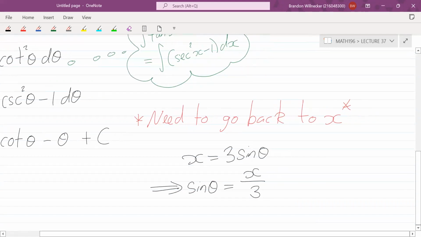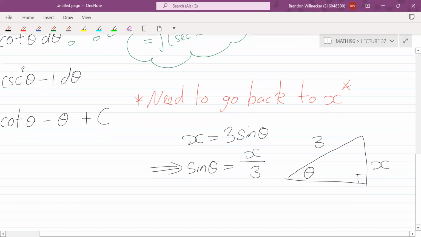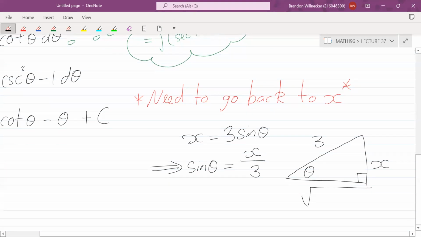Okay, so how does that help us? Well, we know that sine theta is defined as a ratio, right? So the trig ratio. In other words, if we draw a little triangle here, and we put theta as our angle, then sine theta will be opposite over hypotenuse. So the opposite will be x, the hypotenuse will be 3, and what's the adjacent going to be?